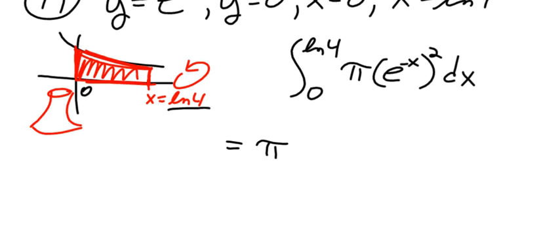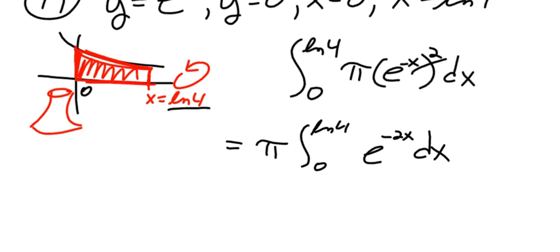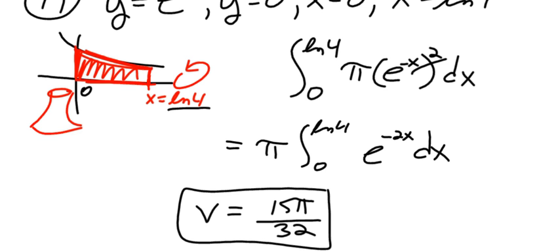It can almost always automatically come out as a coefficient, so we can factor that out. Then I'm going to simplify with the power rule and get negative e to the negative 2x dx. Then we can find the antiderivative of this. If we go ahead and do our antiderivative, we should have 15 pi over 32 for our volume.